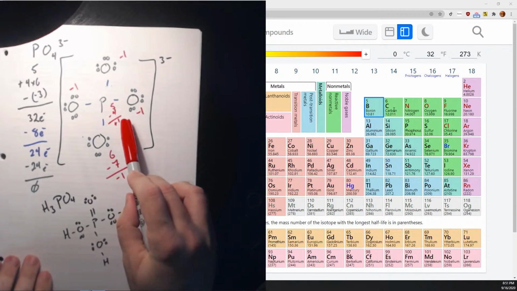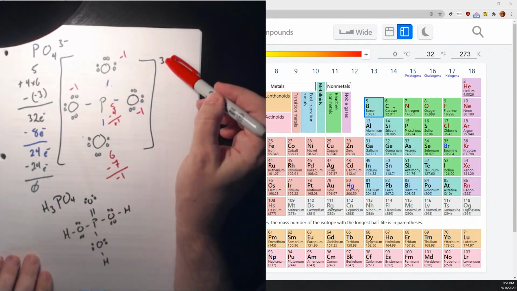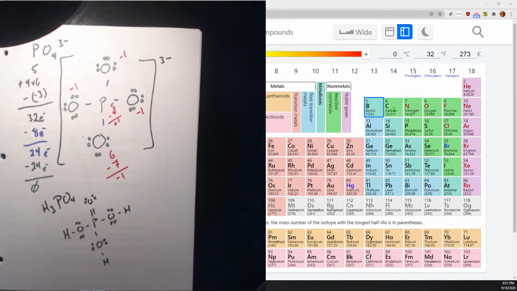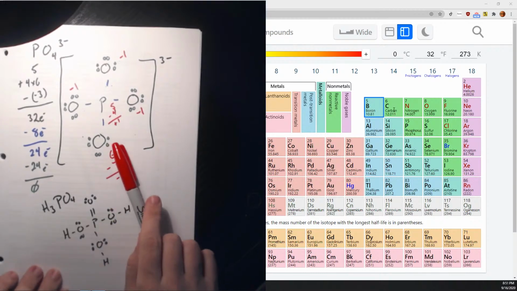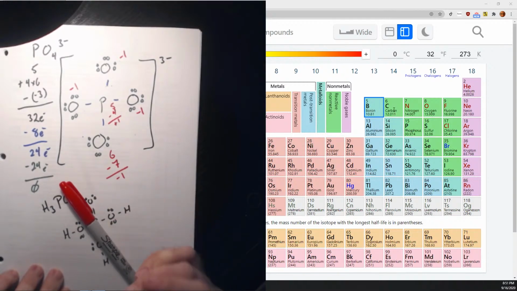Now, 1 minus 1 minus 1 minus 1 still adds up to -3. So our formal charges add up to the charge on the molecule, not a problem. But here's the thing. We can improve on this structure in order to change 2 of these numbers into zeros. And remember, 0 is the best for formal charge.